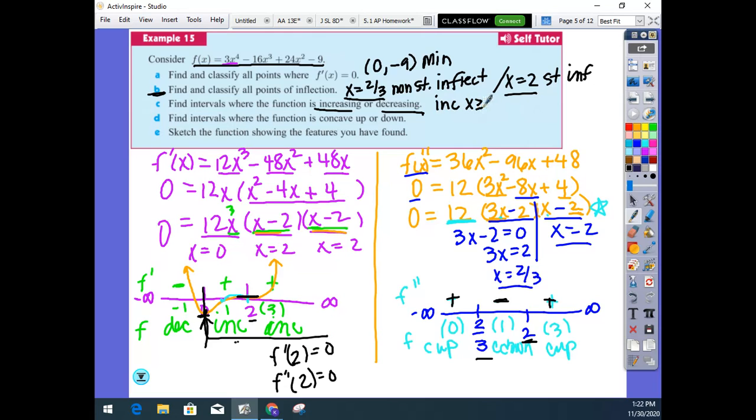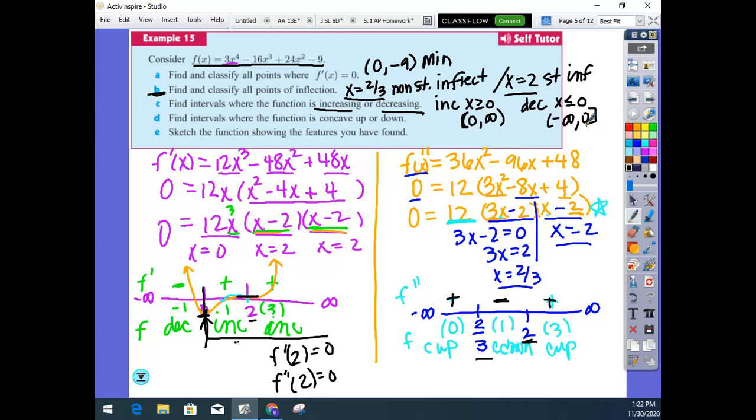So we can either say x is greater than or equal to 0, or we can say from 0 to infinity, whichever you're most comfortable with. Then it's decreasing, where x is less than or equal to 0, or you can say from negative infinity to 0. Either one of those notations would be fine.